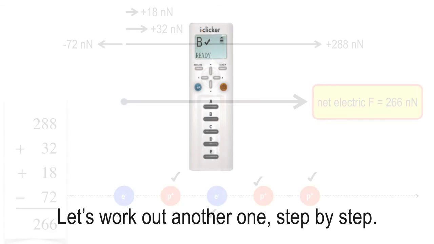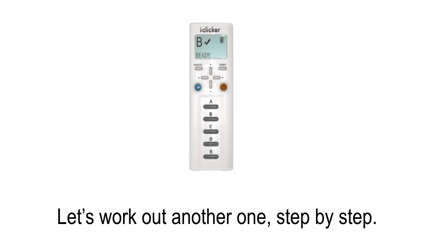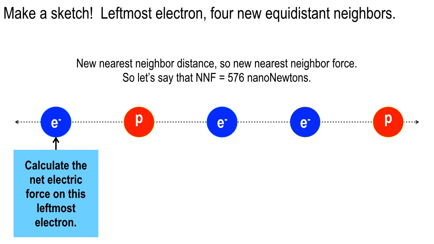All right, let's work it out step by step. Here's our array. Slightly different, but equally spaced.